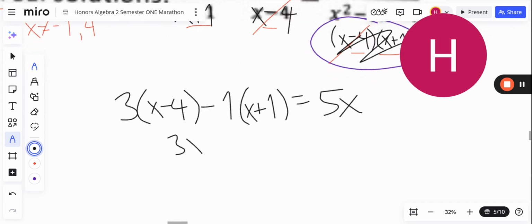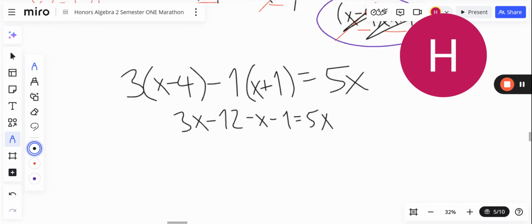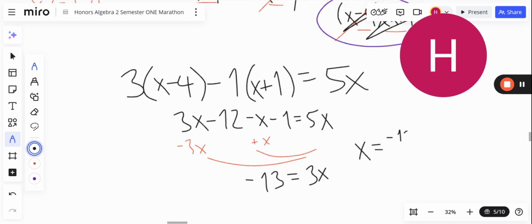This isn't bad. This is just a linear equation. 3x minus 12, negative x minus 1. Combine all your x's on one side. Let's move everything with x to the right side. So we have negative 13 equals 3x, and therefore x equals negative 13 over 3, which is fine.